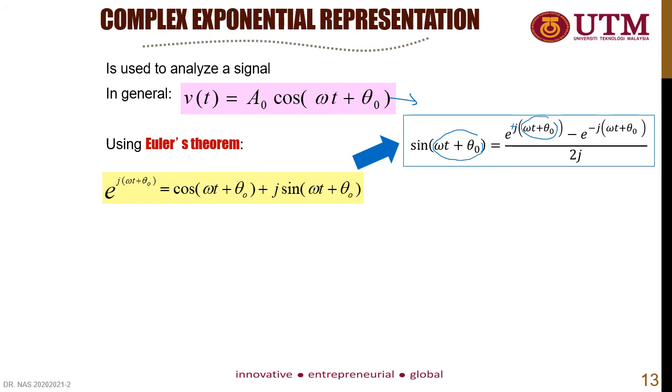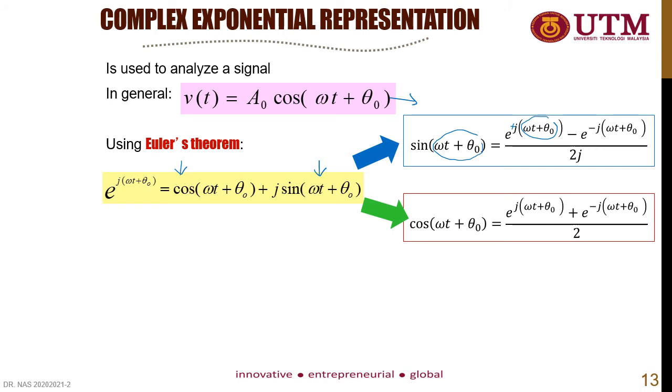This is derived from Euler's theorem. And cosine function is equivalent to e positive j of whatever is inside the bracket plus e negative j of whatever is inside the bracket, divided by 2. If you look at the difference between sine and cosine, you have negative for sine but positive for cosine. Sine function is divided by 2j, while cosine function is divided by 2.